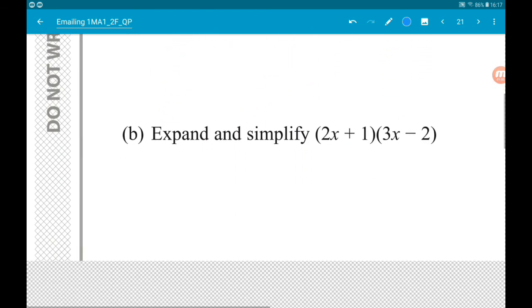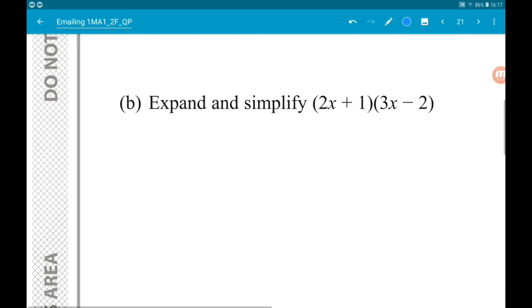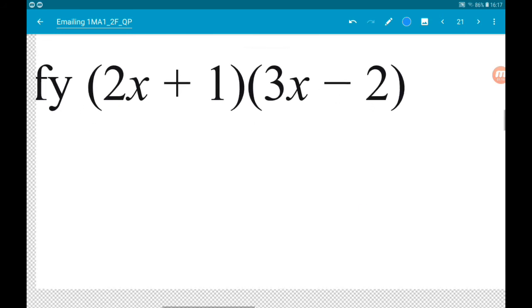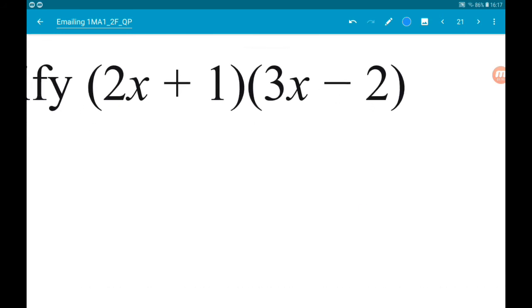Okay, then part B wants us to expand and simplify 2x add 1 times 3x minus 2. So for these, I highly recommend using a table.